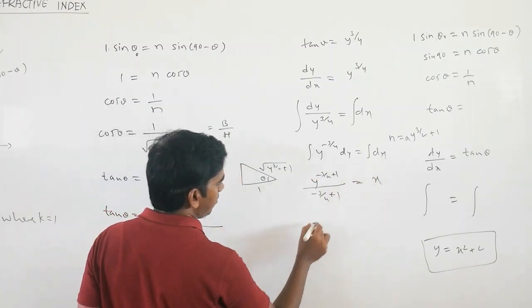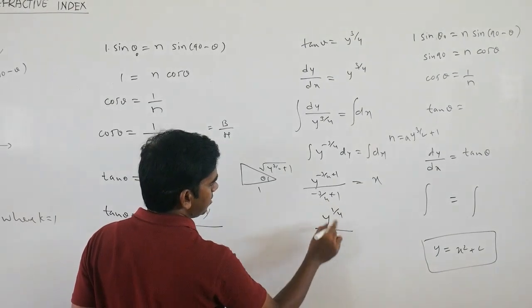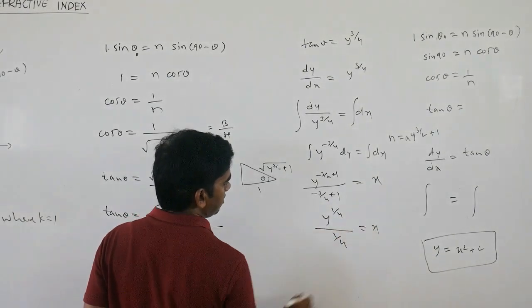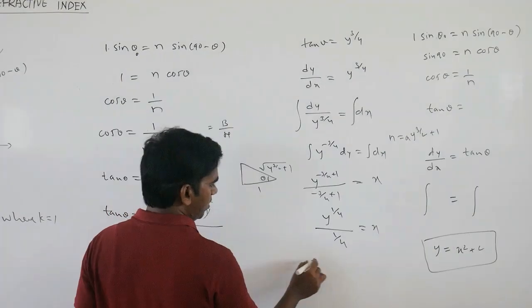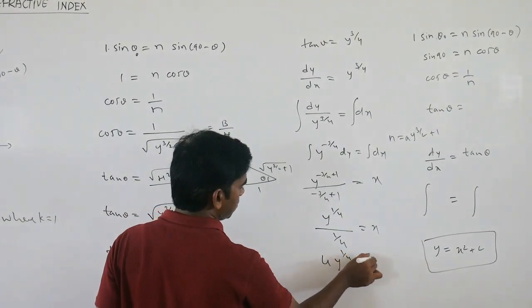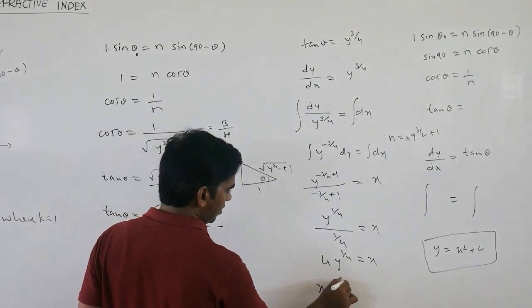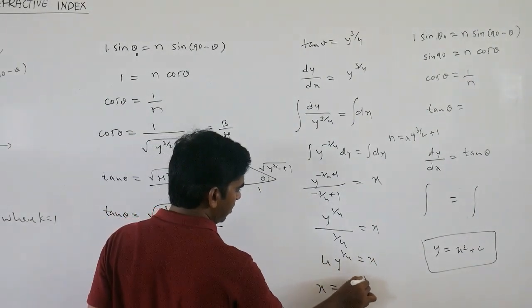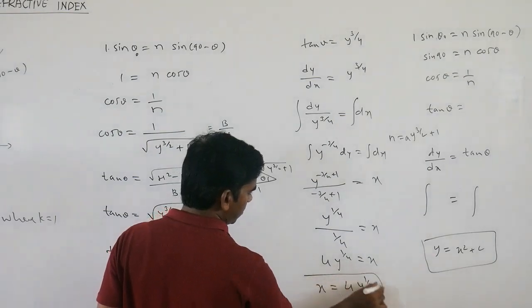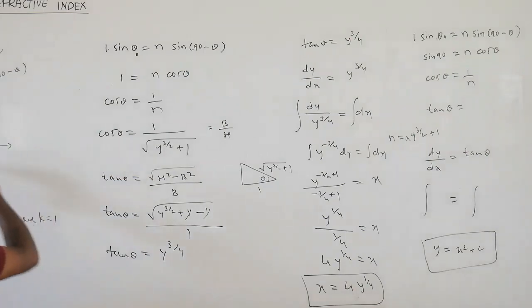So you will get y raised to 1 by 4 divided by 1 by 4 equals x, so 4y raised to 1 by 4 equals x. So this is the equation of the curve, x equals 4 into y raised to 1 by 4.